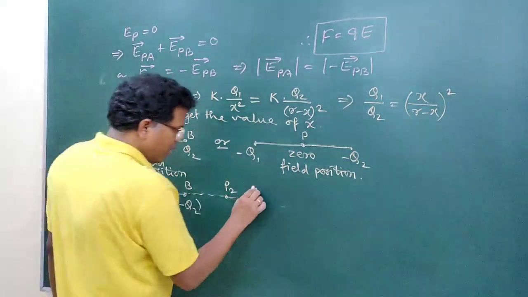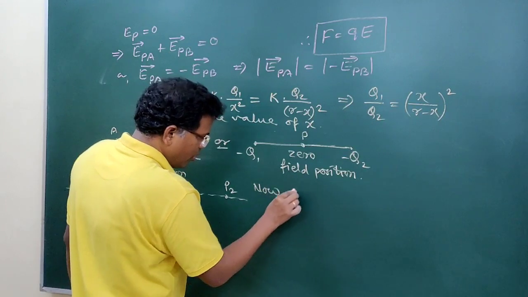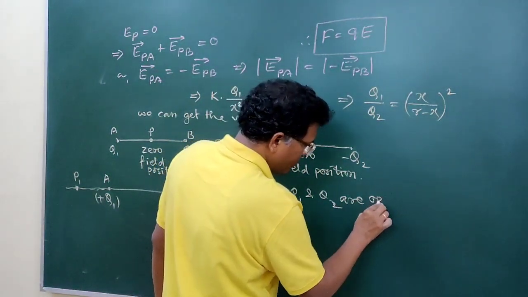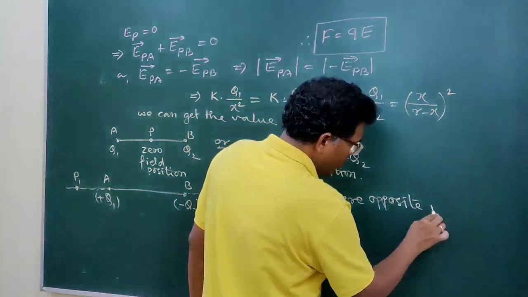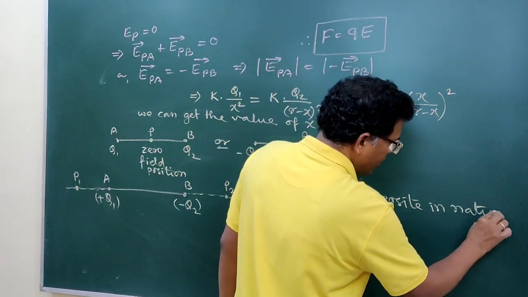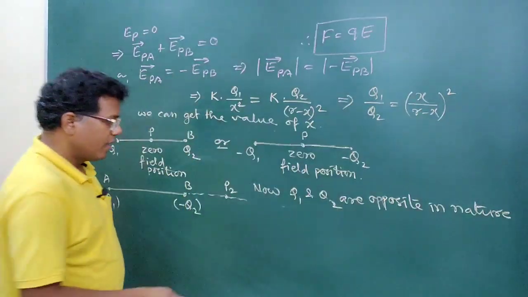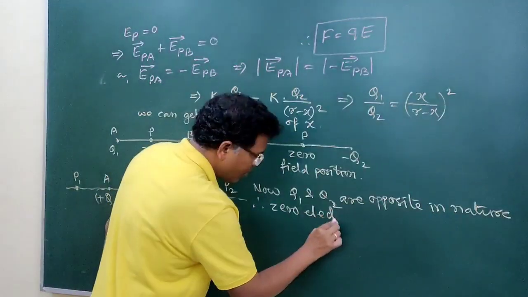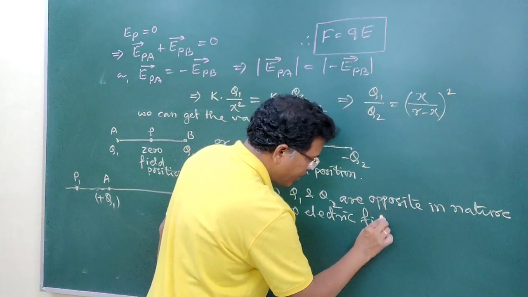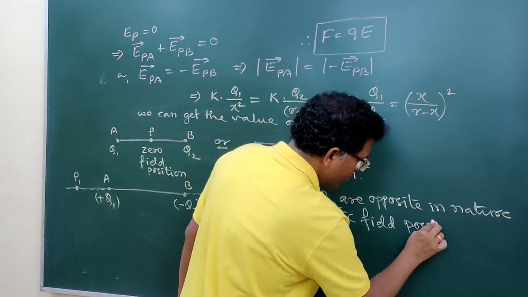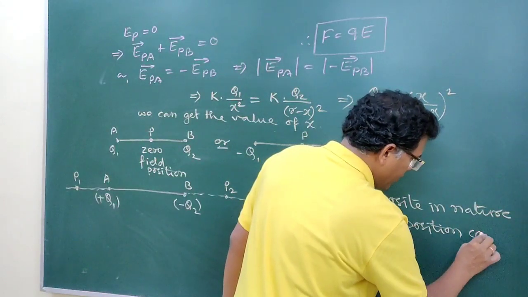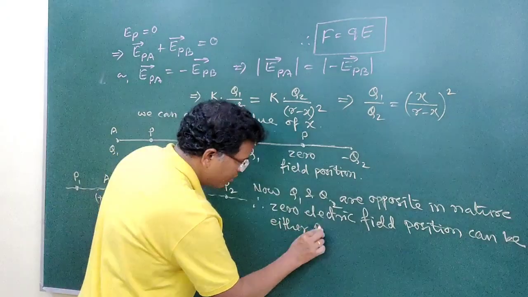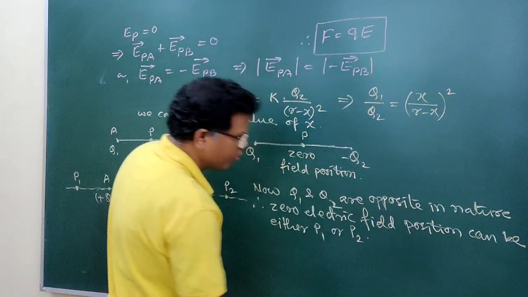Now Q1 and Q2 are opposite in nature, therefore the zero electric field position can be either P1 or P2.